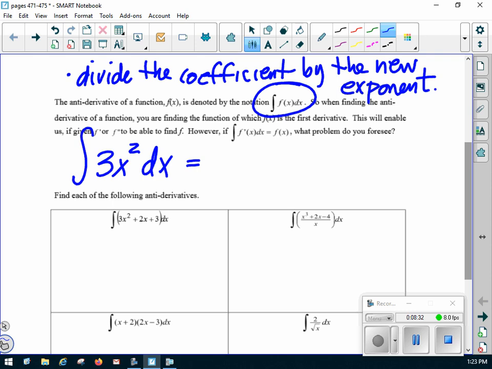You remember how I could write d dx of x cubed? And that meant I'm taking the derivative with respect to x. This means I'm taking the integral with respect to x. That's all that means, so don't sweat that. The integral of 3x squared dx means the antiderivative of 3x squared with respect to x. That is x cubed plus a constant.